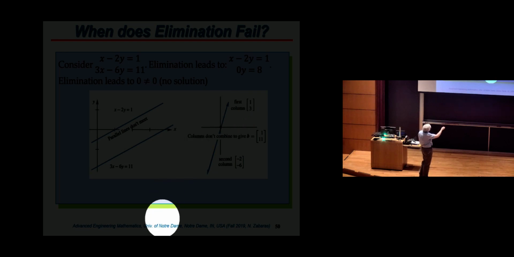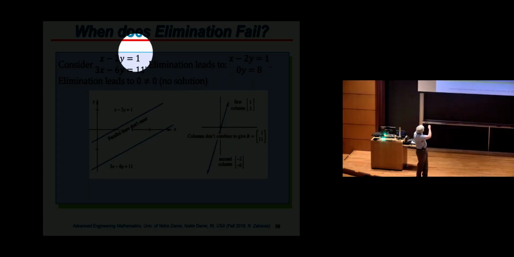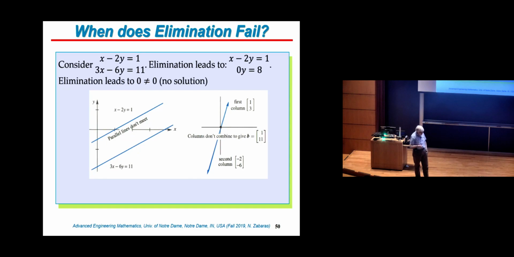If you look at the plot of the columns, both of them are in the same line. So there is no way you can take a combination of any vector on that line, multiply with some constant, and get this 1 and 11. So geometrically, there is no solution to this problem.